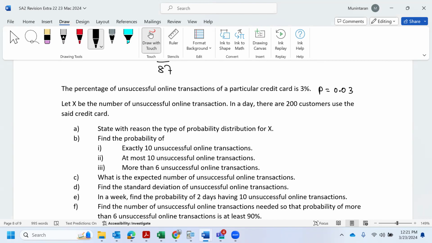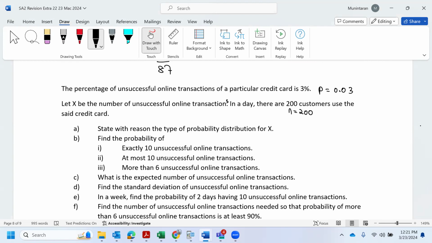Success is unsuccessful. So let X be the number of unsuccessful online transactions. In a day, there were 200 customers using the credit card, so N is 200. State with reason the type of probability distribution of X.